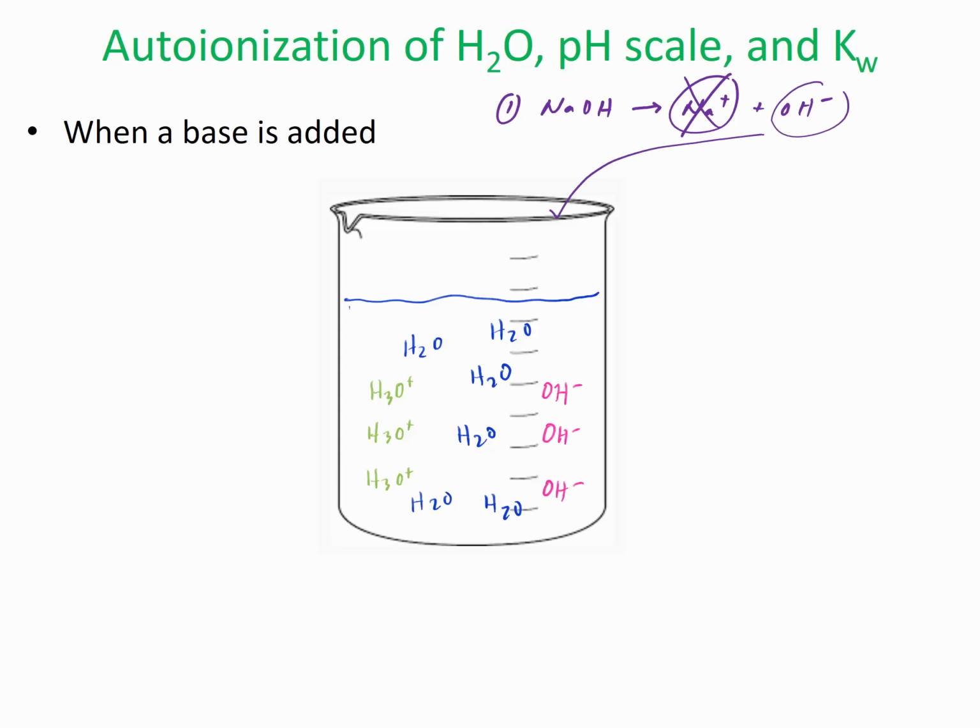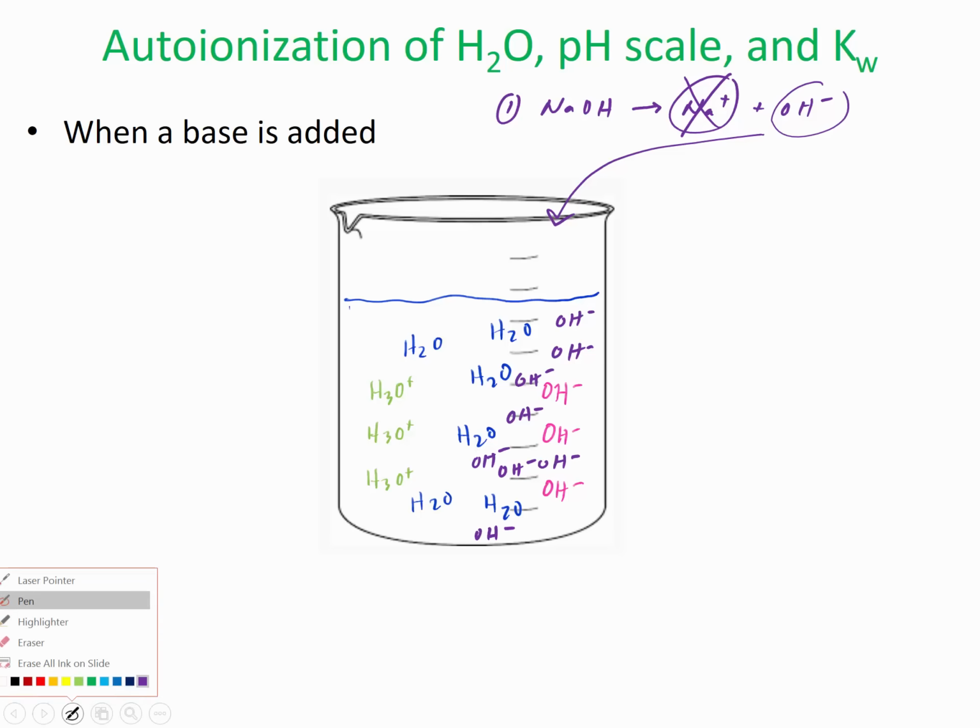The OH- is what gets added, and a similar thing takes place as before. So these spike up: 1, 2, 3, that's 6 total, 7, 8, 9, 10, 11.